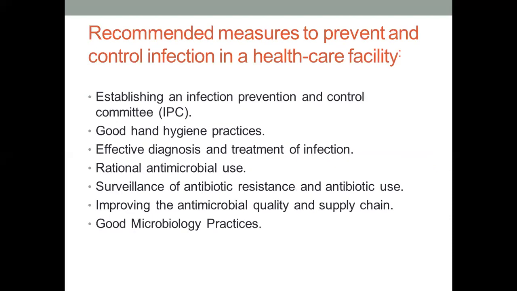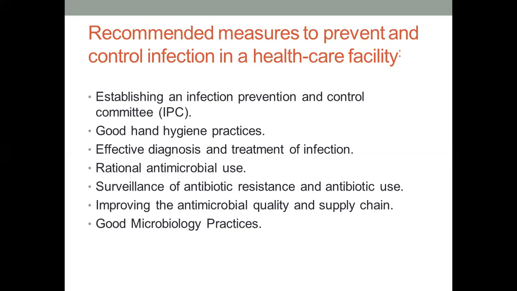So what are the key measures we can adopt to prevent and control infection in a healthcare facility? First, establish an infection prevention and control committee, the hospital HICC committee. Good hand hygiene practices should be inculcated into your staff's daily routine. Effective diagnosis and treatment of infection should be done. Rational antimicrobial use has to be done.